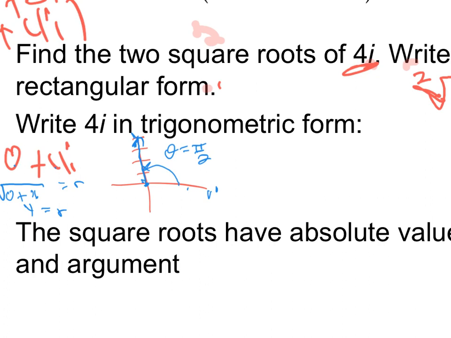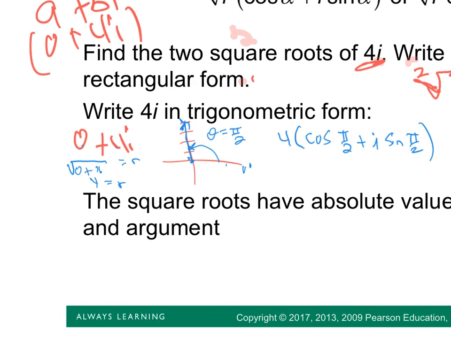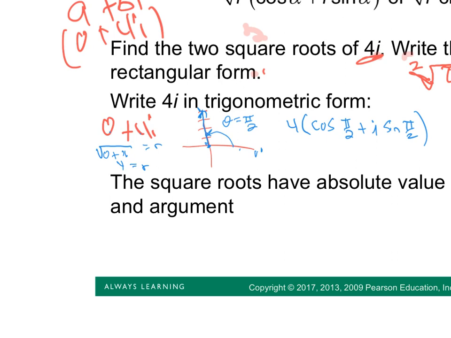So 4 cosine of pi over 2 plus i sine of pi over 2. There's my trigonometric form for this, which is equal to 0 plus 4i, but in trig.